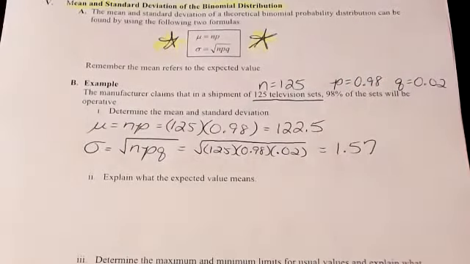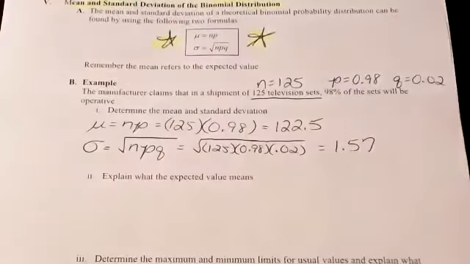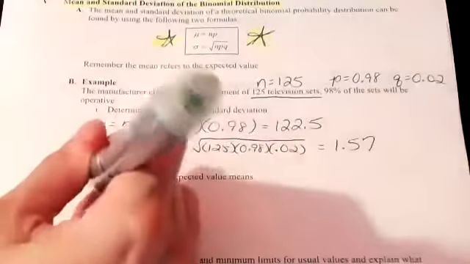Next, we want to explain what the expected value means. Now, consider we're talking about television sets. So mu is 122.5. Because we're talking about television sets, we can't have half of a television set. Nobody would buy that. So here's how we can write down what the expected value means. Remember, we're referring to whether or not it's operative.